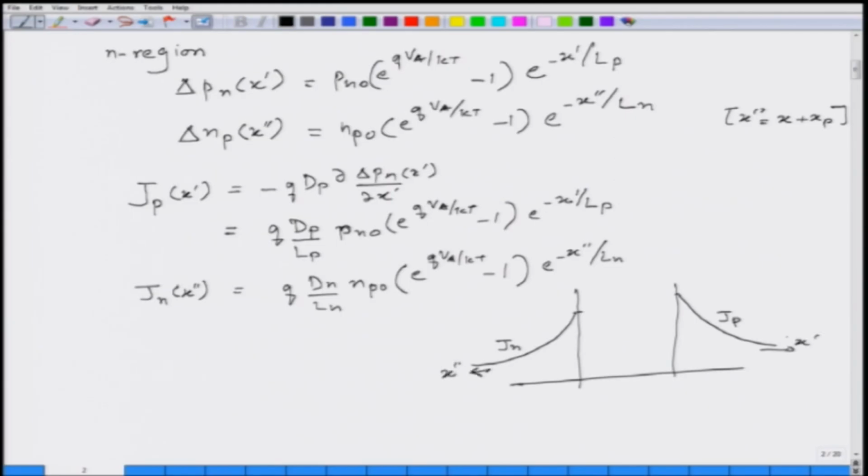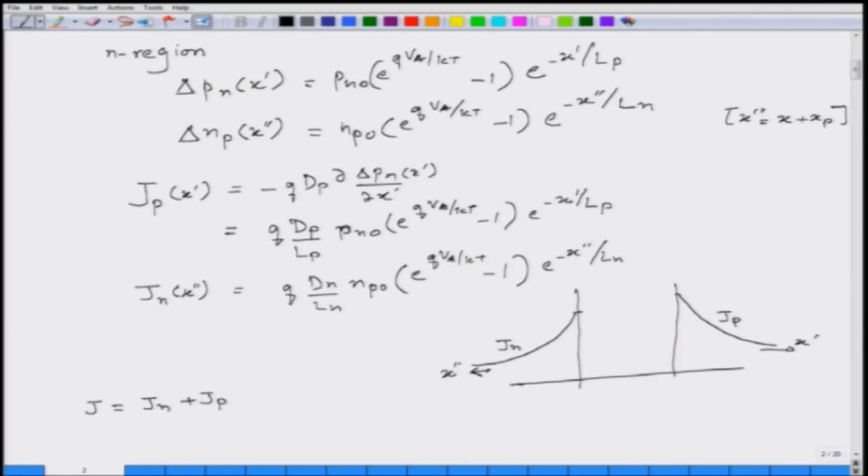So, this is how the current is changing in this region, and I am interested in finding the total current J, which is going to be J n plus J p, because the electron current is going to add to the whole current. This will be given by J n plus J p, and I do have a negative sign here at minus x p when I calculate that.